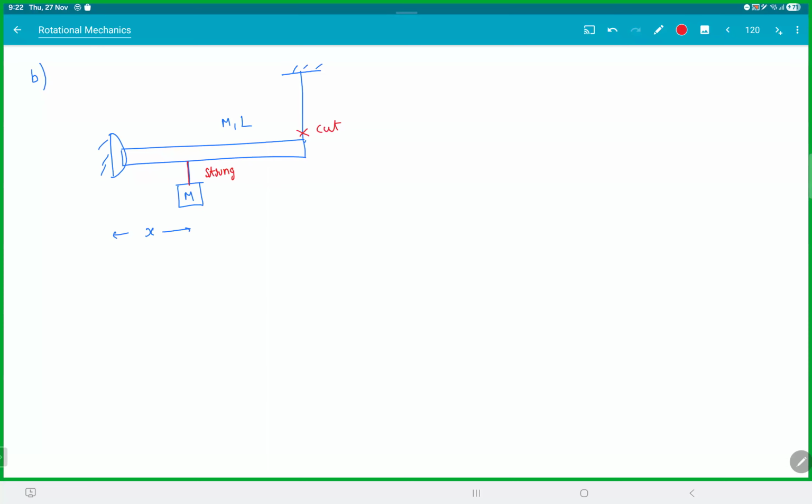Same question, find alpha of the rod just after cutting. Or even better, plot alpha versus x graph. Or let me ask like this, find alpha as a function of x just after cutting. So x is constant for a given situation, meaning x can be any value from 0 to L. I didn't tell you where I'm keeping the block.